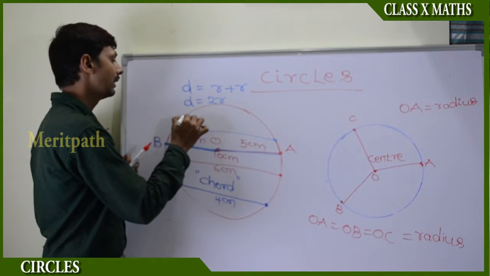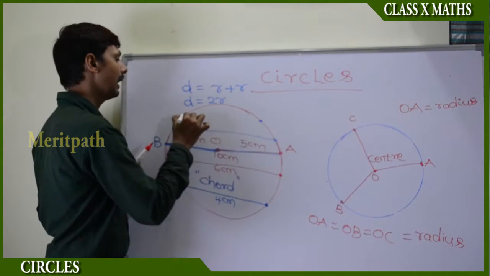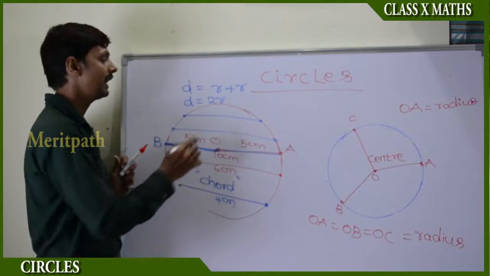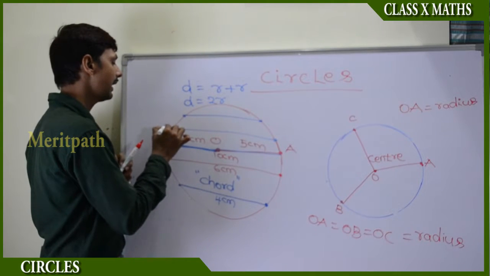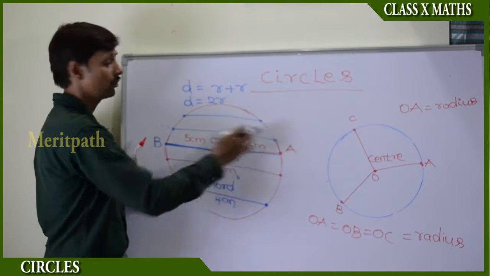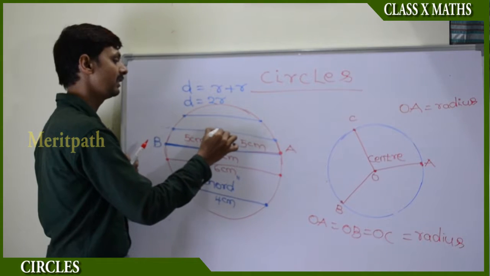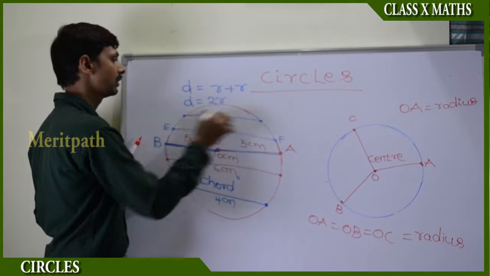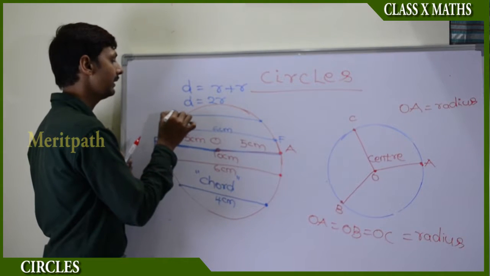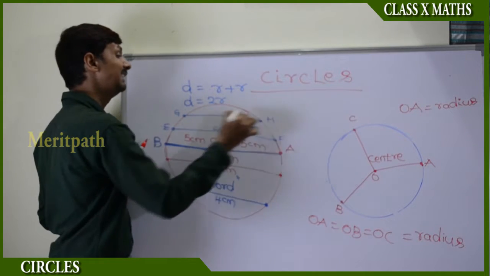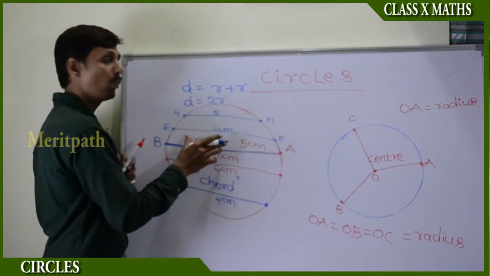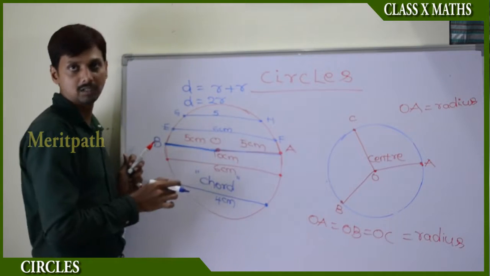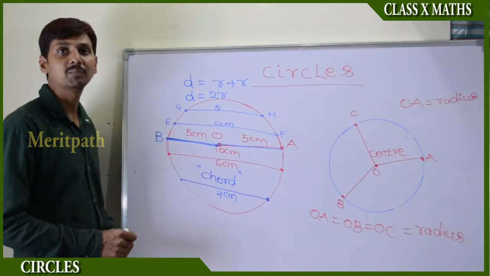And when we take the points above it, the size decreases. So let us take this as 6 centimeters, which is EF. And when we take two more points, GH, the size decreases as we go towards the circumference.